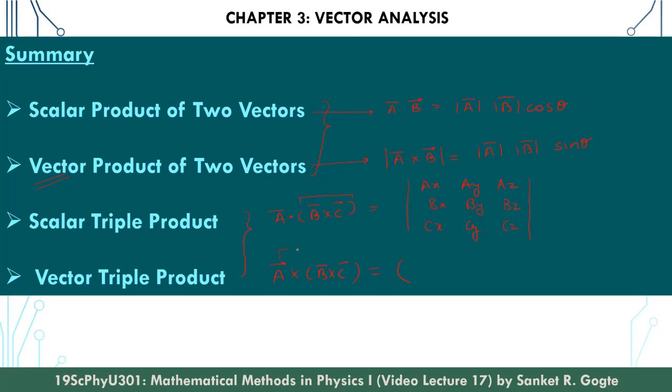We take the dot product of the first and third vector, so it is A dot C, and it is multiplied by the second vector B, minus the next term, which is the dot product of the first and second vectors A dot B, and it is multiplied by the third vector C. So this is the relation which can be used to find the vector triple product.